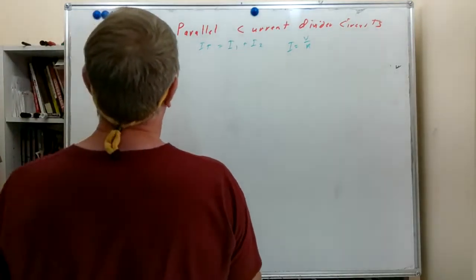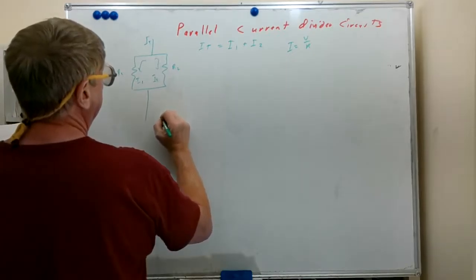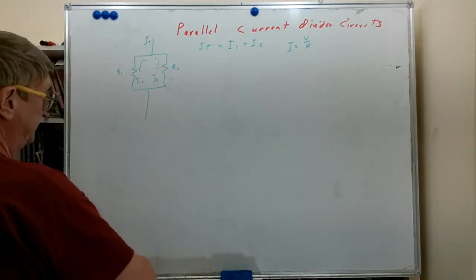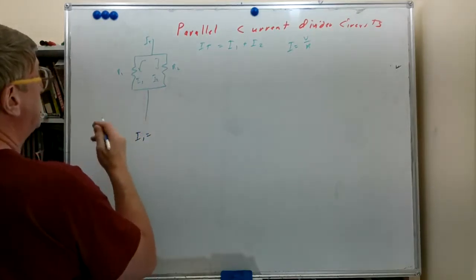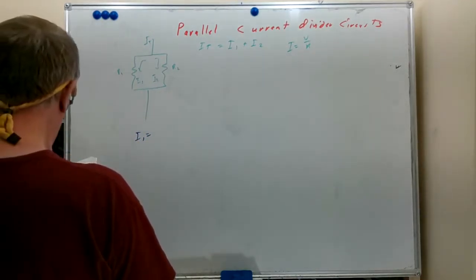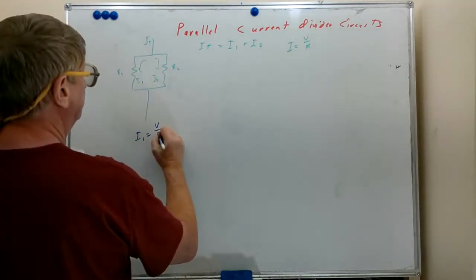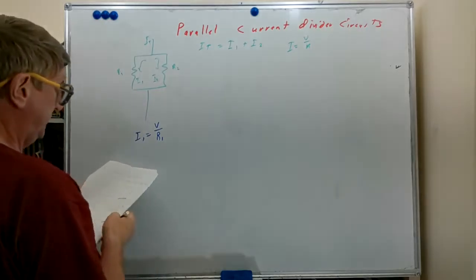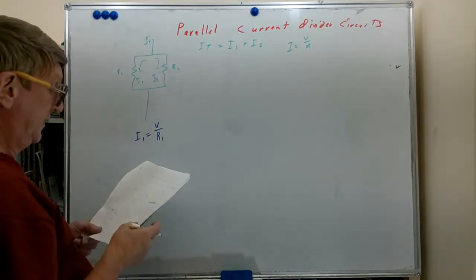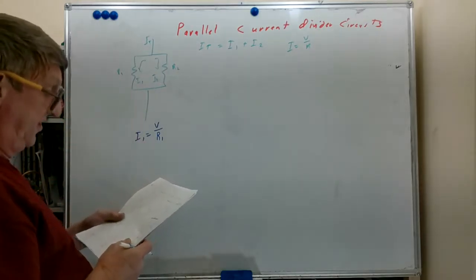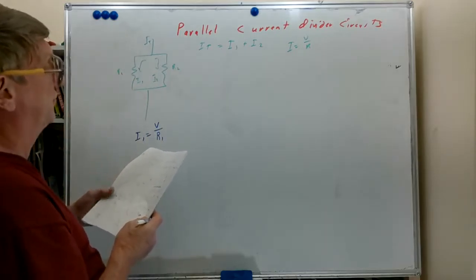So I1 is going to equal the voltage across this thing divided by R1. Right? I think that's easy enough to understand.